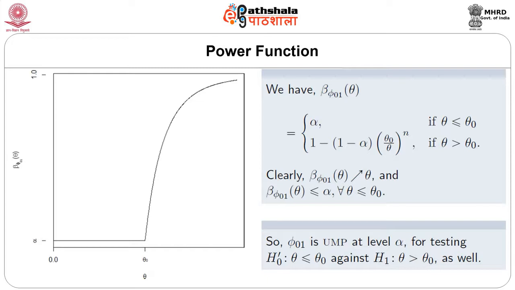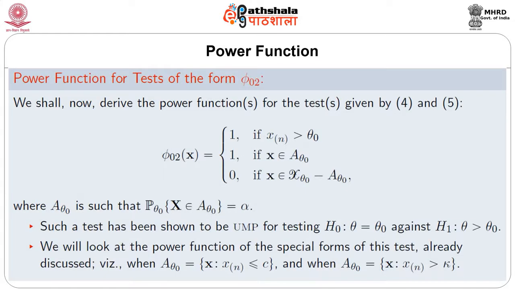So this is not only uniformly most powerful for testing theta naught against theta greater than theta naught, but for composite alternatives and a composite null, this is uniformly most powerful. So this composite null hypothesis is theta less than or equal to theta naught against theta greater than theta naught. Now we consider the non-randomized test and the power function of that test.